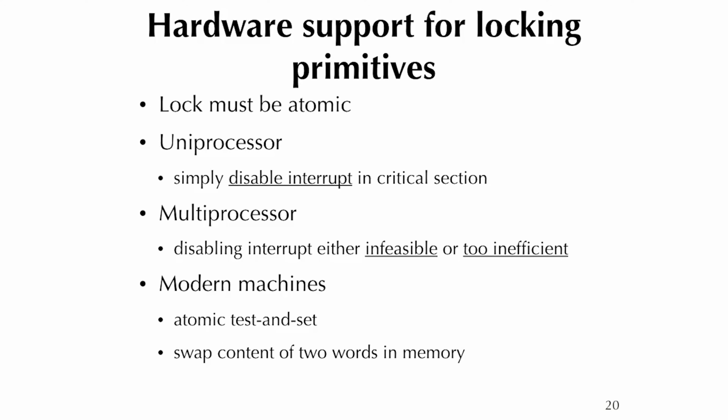On modern machines, what's mostly done is either atomic test and set, or more generally, what's called compare and swap, which is a more general form of atomic test and set.